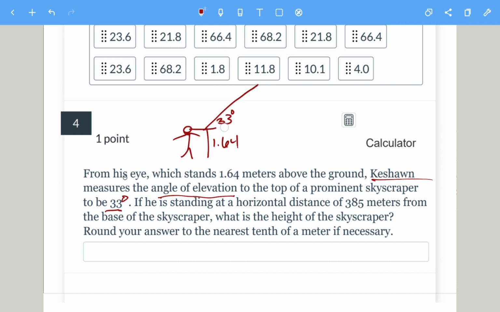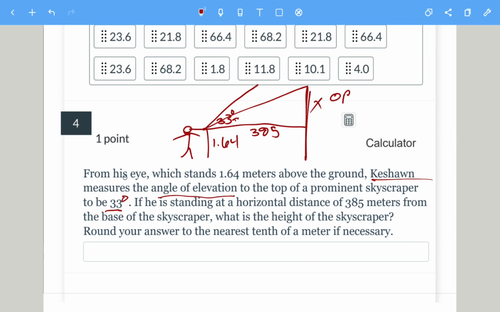So this angle right here is going to be 33 degrees. He is standing 385 meters from the base of the skyscraper. That's supposed to be 33. It's not letting me erase for some reason. My bad. And we want to know how tall the skyscraper is.